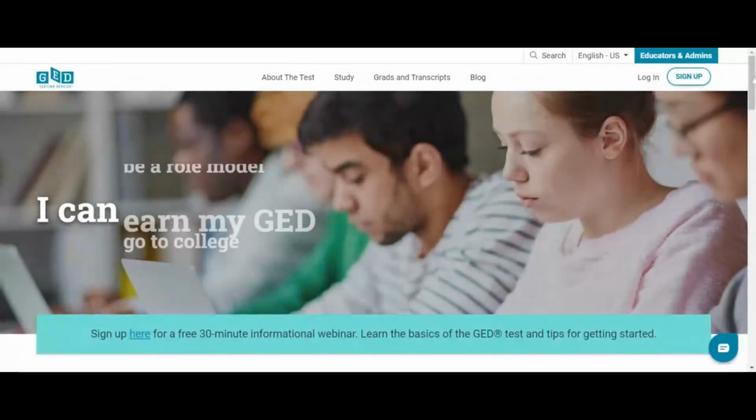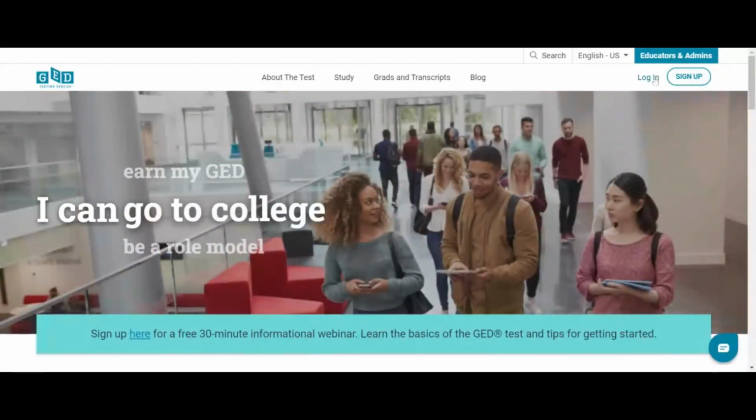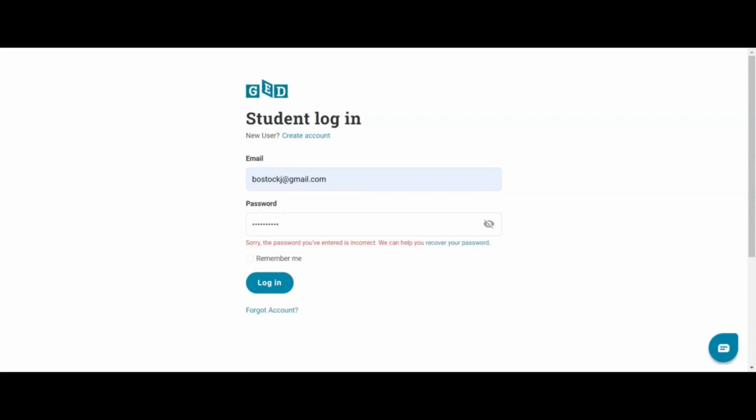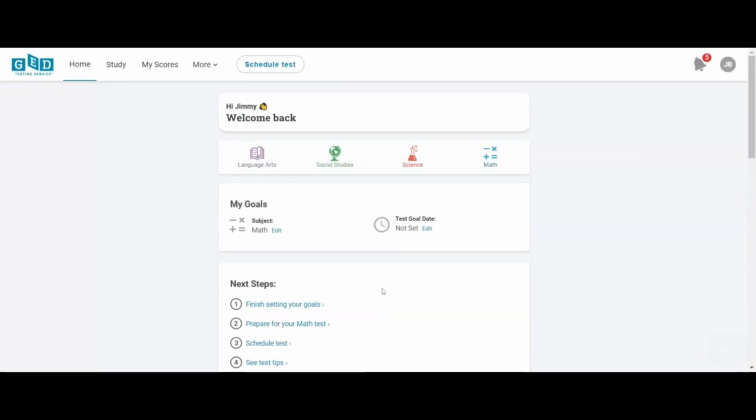Okay, so when you get to GED.com, you need to log in. Hopefully I remember my password. Nope, that's not it. Okay, once you get logged into GED.com, up here in the corner, there's a circle with your initials on it.